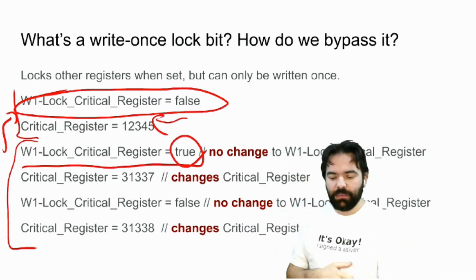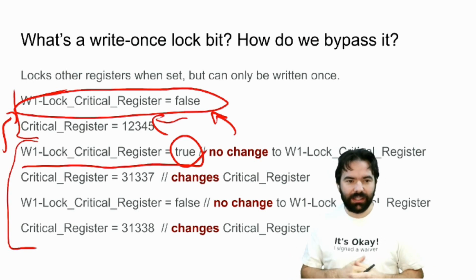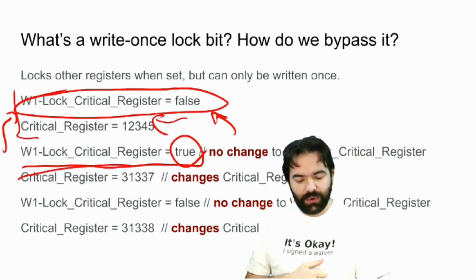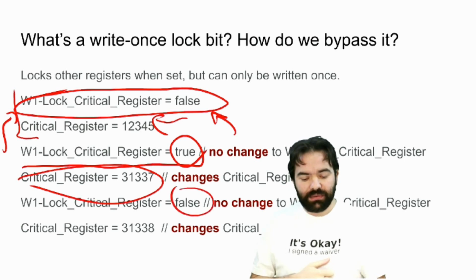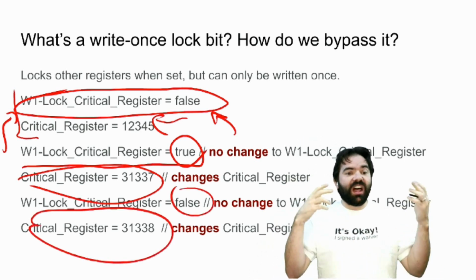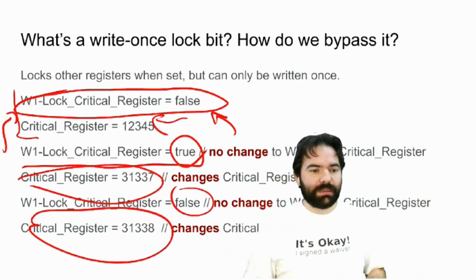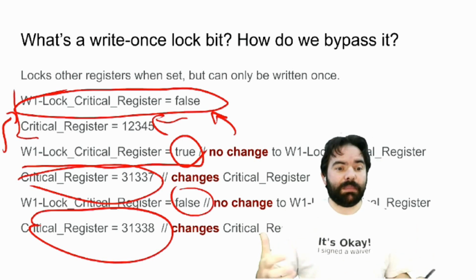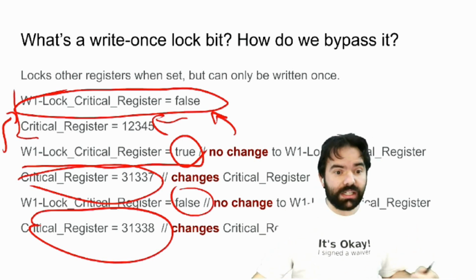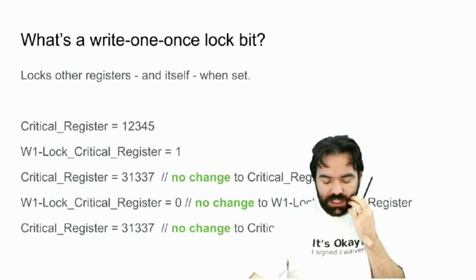The problem is it was written once already. It took the first value, it keeps the first value, it doesn't change that. That's a bad thing because we can then change the register again and try and fix it and then change it again. Over and over again, we can just modify the register because we've locked it open. Again, there may be cases when you want this to be possible, when you want to set up a system to not be locked down or unlocked permanently. But typically, this is not the behavior you want.